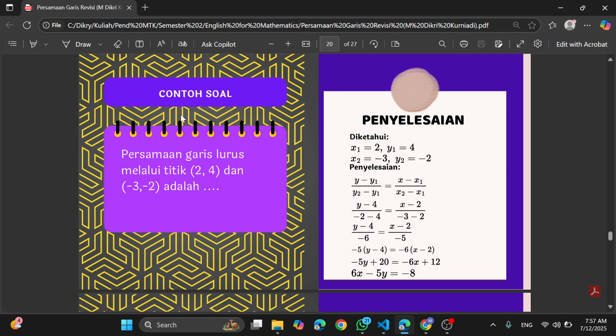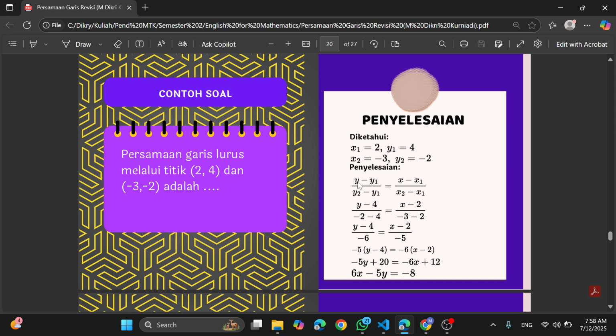Example question. The equation of a straight line passing through the point 2, 4 and the point -3, -2 is, given x1 equal 2, y1 equal 4, x2 equal -3, y2 equal -2.